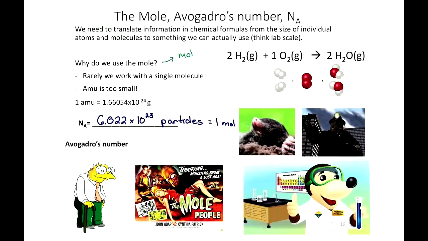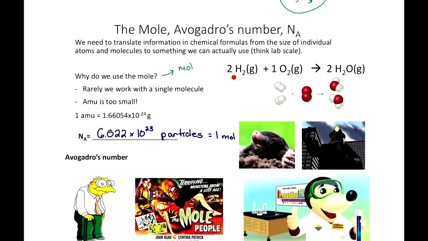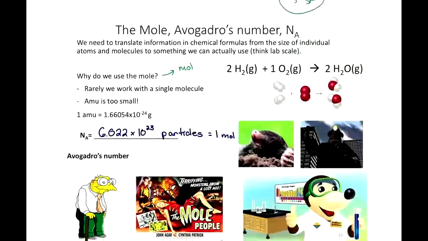Would it make sense if I said 2 dozen hydrogen molecules combined with 1 dozen oxygen molecules to give us 2 dozen water molecules? Yeah, because we're working just in increments of a dozen. So in this new amount, a mole's worth, we can say 2 moles of hydrogen combined with 1 mole of oxygen to give us 2 moles of water. So it's just a counting number.